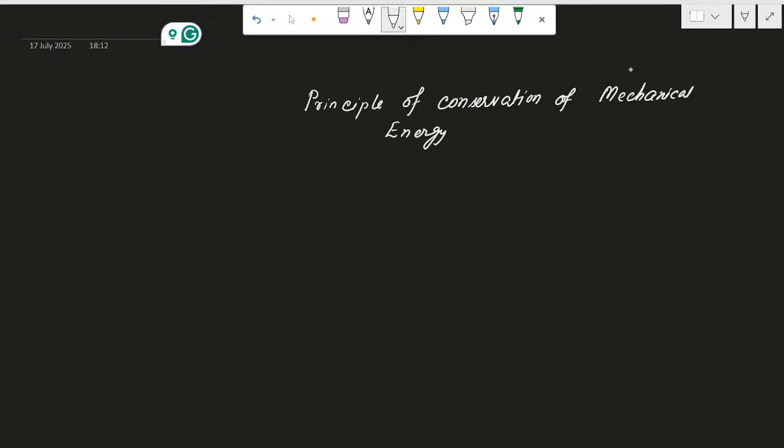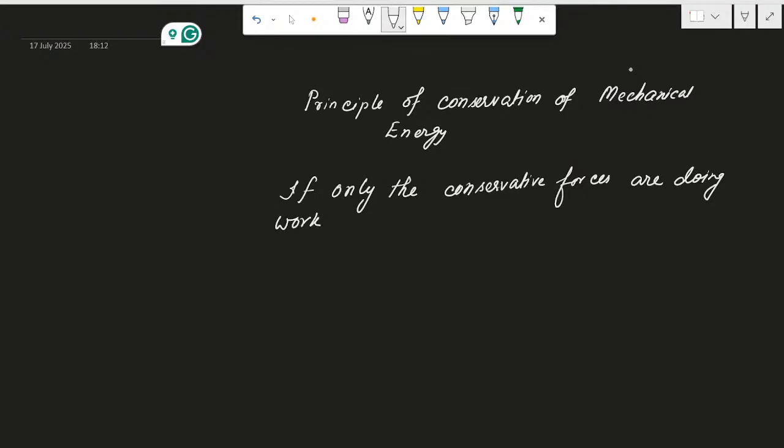The principle should say: if only the conservative forces are doing work on a body or object, then the total mechanical energy is conserved.